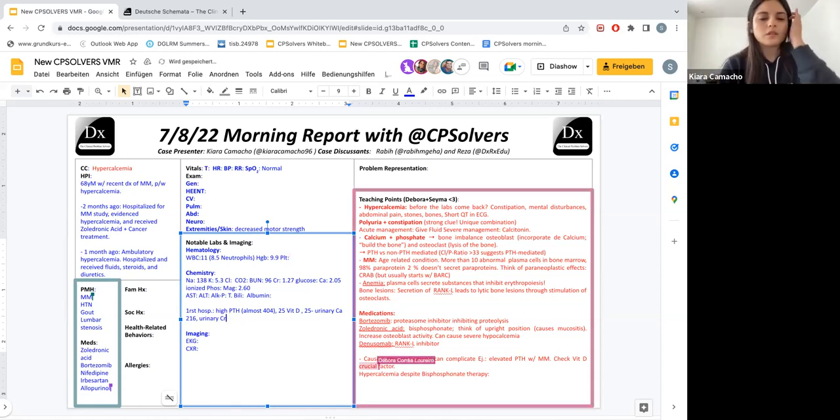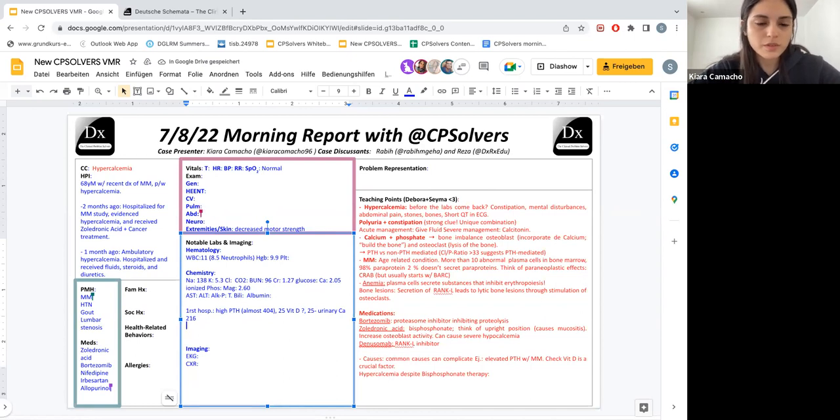Also, in the oncology part, we ordered some labs to see how the multiple myeloma was, if it was a progression of the disease. In serum, there were lambda chains elevated and kappa chains were normal.